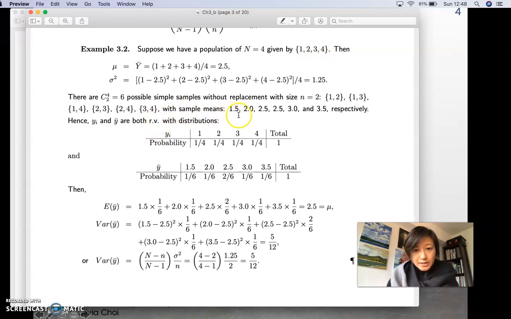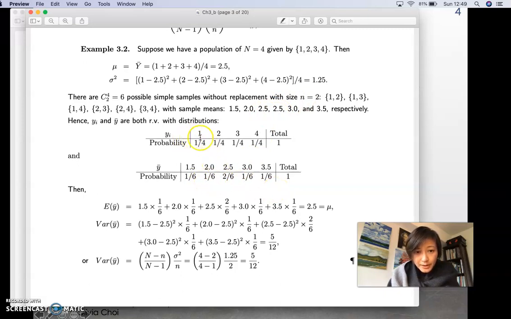Each of the sample means would be, for 1 and 2, the average 1.5, for 1 and 3, the average 2, etc. Each has the same probability of happening. So 1.5 appears once out of the 6 cases, so 1/6, and 2.5 appears twice, so 2/6, etc.